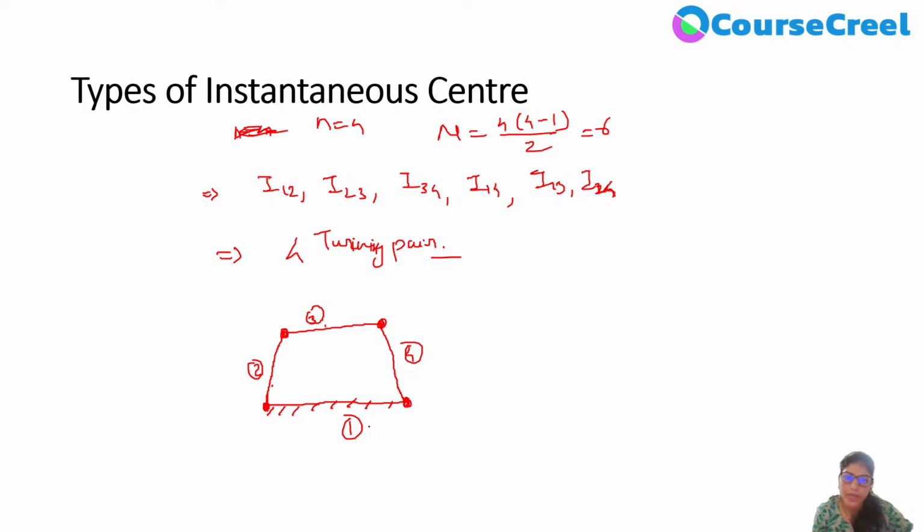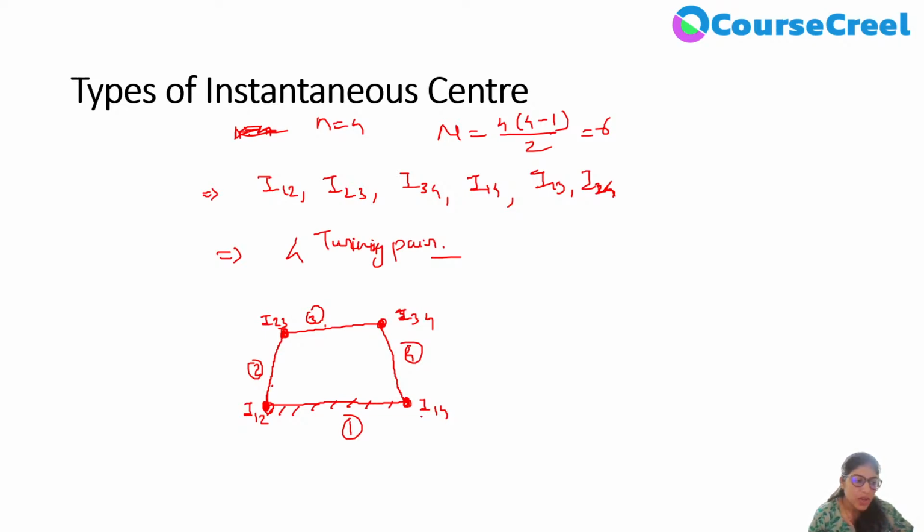So for the turning pairs, we will mark the instantaneous center at the joint only. Always remember, for all turning pairs the instantaneous center will be marked at the joint. So here we mark I12, here we mark I23, here we mark I34, and here we mark I14. So 4 instantaneous centers are marked.